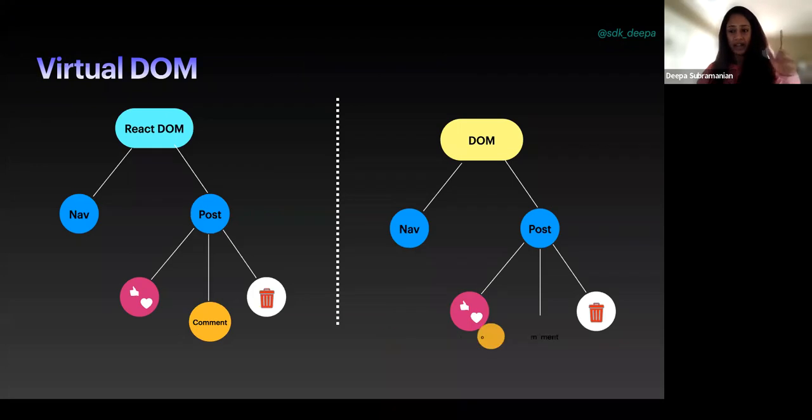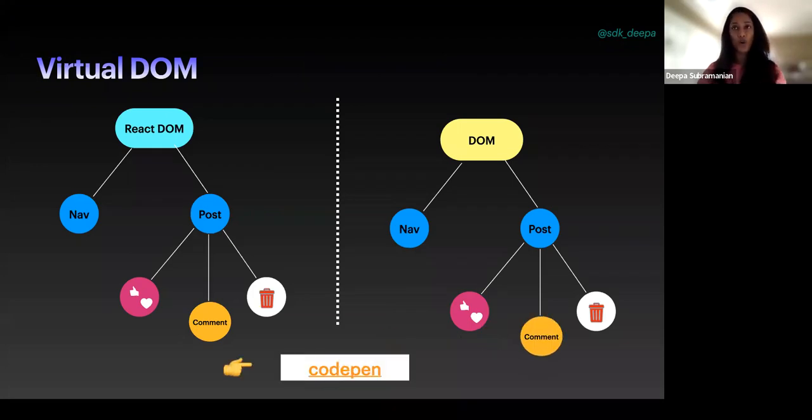So it will not refresh or reload the whole page. If you work with vanilla JavaScript, you have to work with DOM APIs, and you need to write jQuery to handle those events. Here, React does everything for you, and it only updates this part of it. That makes it very powerful.